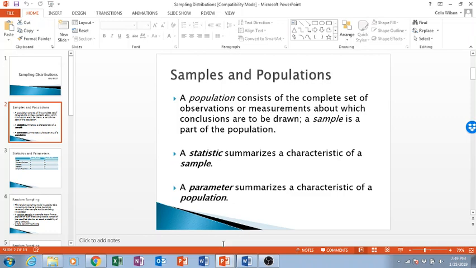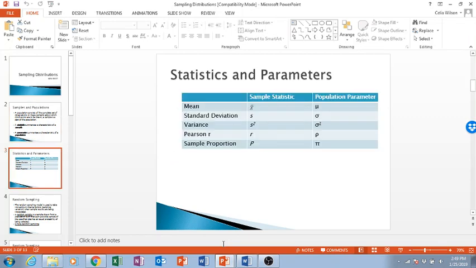Okay, so when we talk about statistics, we're automatically talking about samples. If we're talking about a population, then we'll talk in terms of parameters. And there are even different symbols depending on whether or not you're talking about a sample statistic or a population parameter. So the mean symbol, we've been using that quite a bit so far.